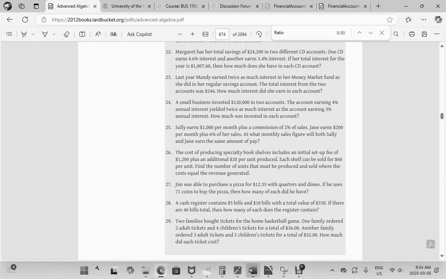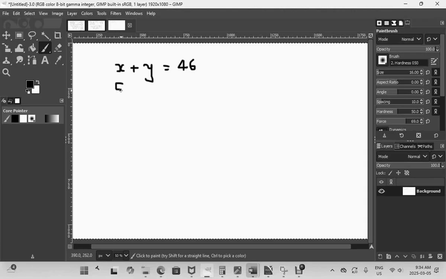The second equation is 5x plus 10y equals 350, because the total amount is 350. Now we know that these are linear equations.